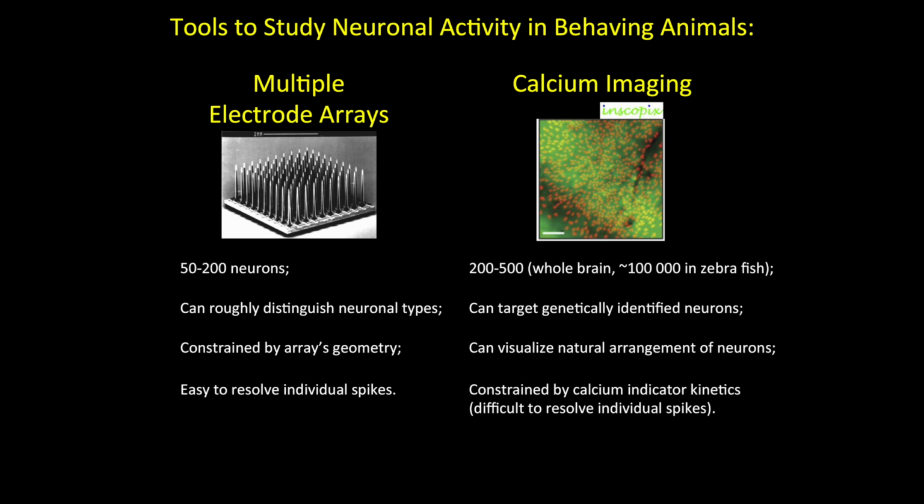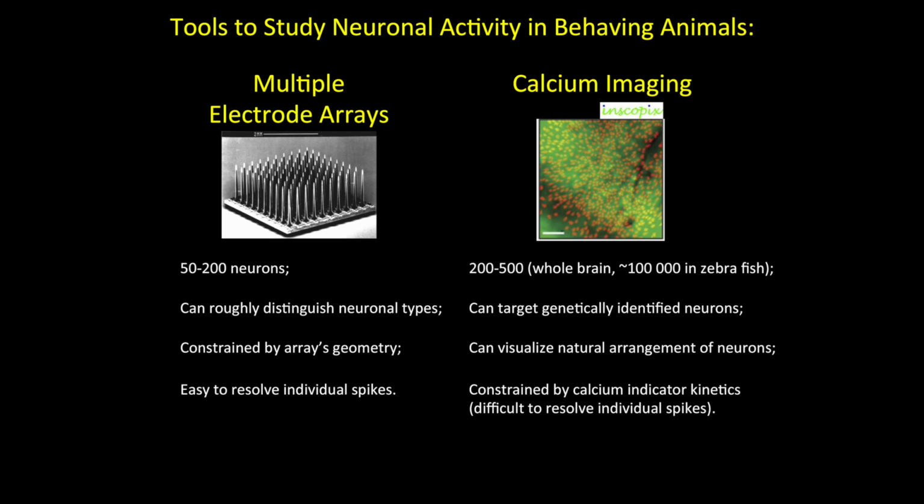Calcium imaging, on the other hand, relies on a phenomenon that is very highly reproducible, and it's a rise in the intracellular calcium which accompanies an action potential. And this rise in the intracellular calcium can be measured by the use of a fluorescent calcium indicator.